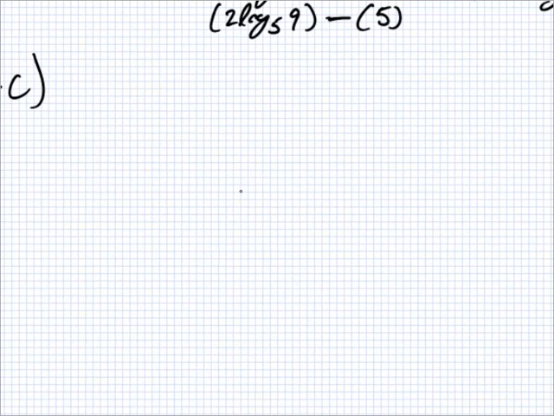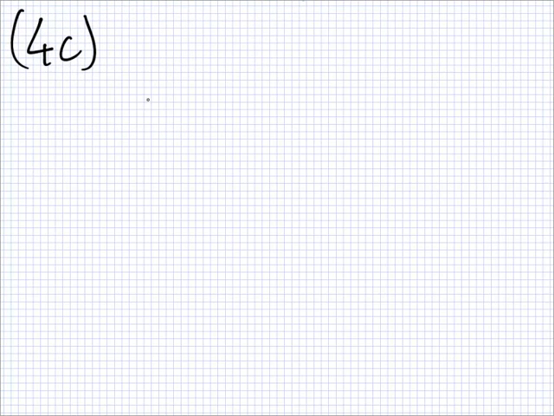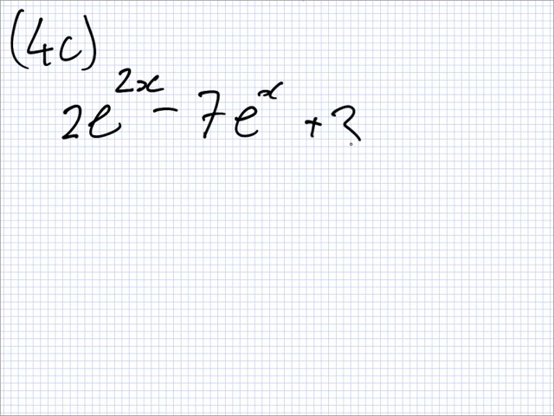Right, 4C now. 2 e power 2x minus 7 e power x plus 3 equals 0. So I hope you can see what type of equation this is. It's quadratic. It's a quadratic except, what's the variable? e power x, yeah.